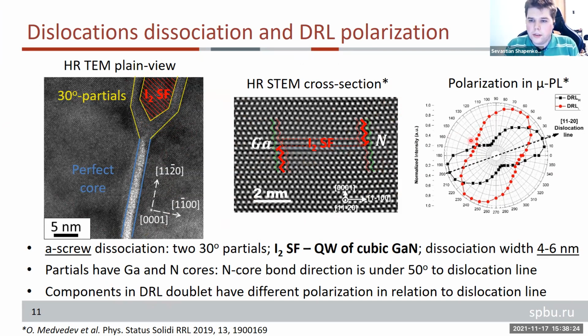And also in polarization studies, it was discovered that two components of the dislocation-related luminescence doublet have different polarization against the dislocation line.